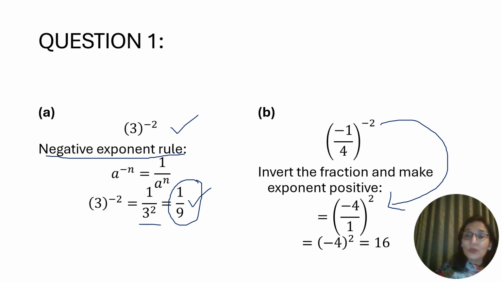Minus 4 to the power 1 means it's minus 4. If only the number is given, that means there is 1 in the denominator. So minus 4 square will be 16. Minus 4 into minus 4 will give you 16, because minus into minus is plus.